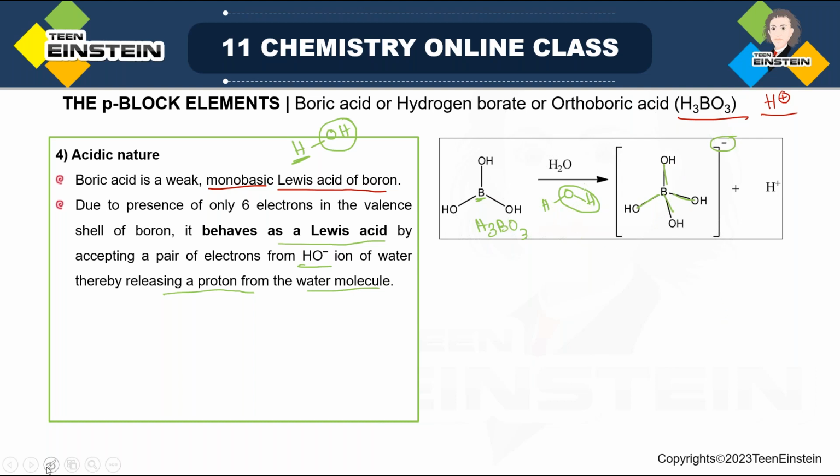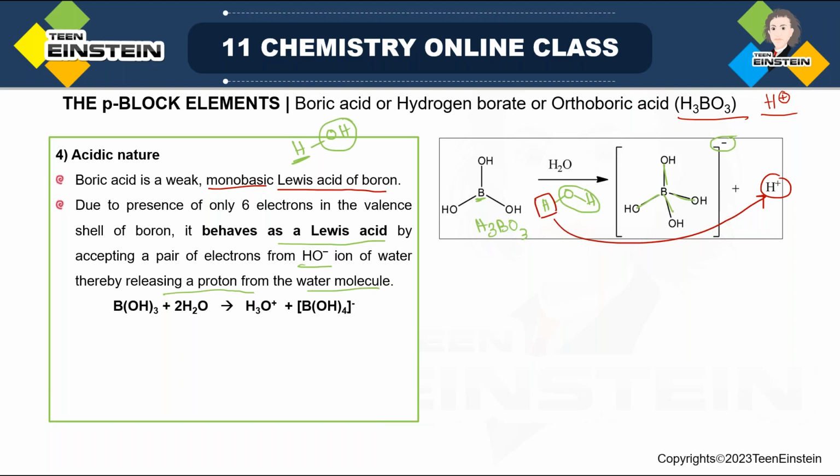The other part of water will be removed in the form of proton. So ultimately in the reaction medium there is H plus, but the source of H plus is not H3BO3, it is coming from water. So water is donating this HO and water is giving the proton. So you cannot say here H3BO3 is the Bronsted acid, it is not correct. But ultimately we are getting H plus, so that is why we are calling it monobasic.